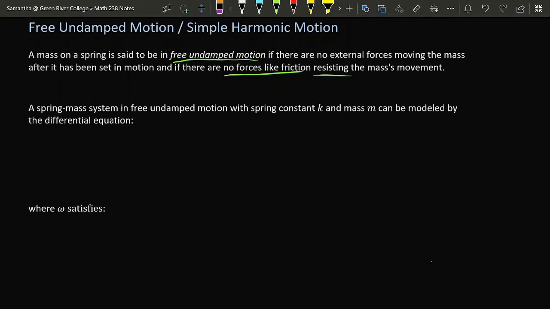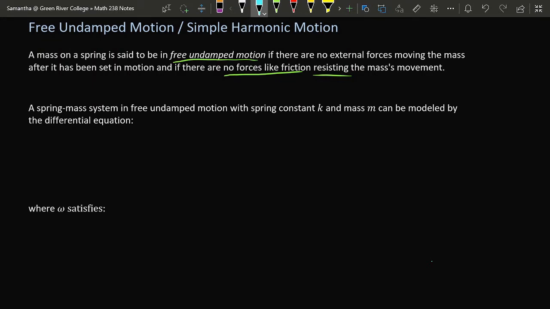Now, when you have a spring mass system and you're assuming free undamped motion, if the spring has spring constant k and the mass has mass m, then the position of the mass on the spring mass system can be modeled with a second order differential equation.